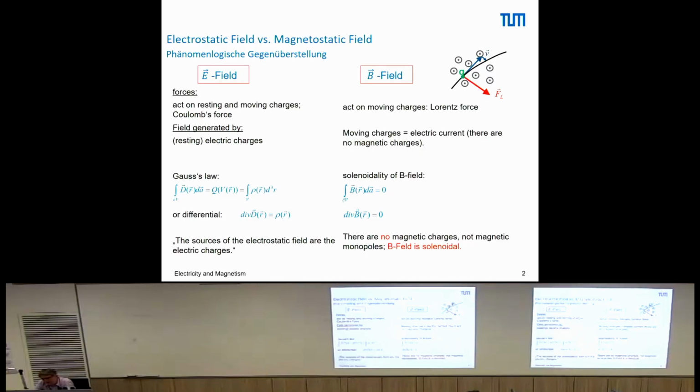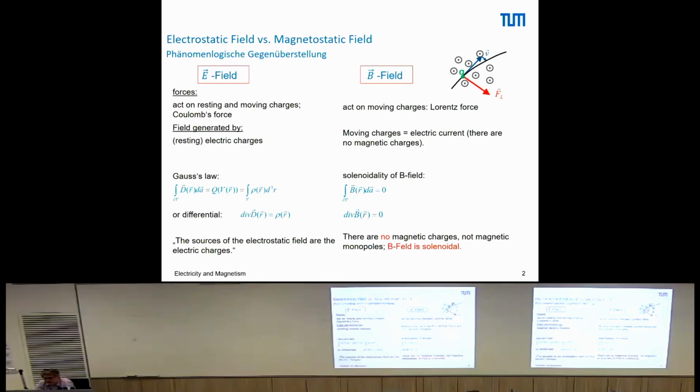On the other hand, if you look at the magnetic field, then you have a force acting on moving charges: charges which are moving through a magnetic field experience a force that is the so-called Lorentz force. And moving charges also constitute the electric current.